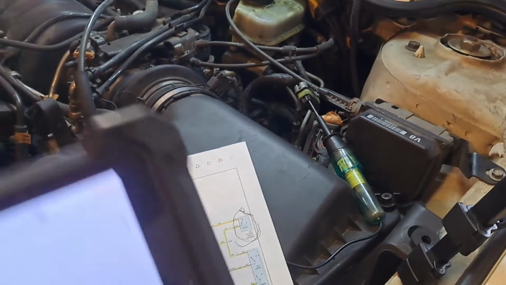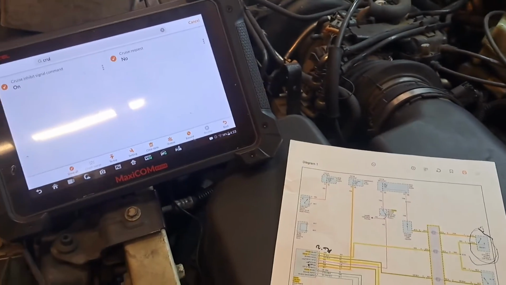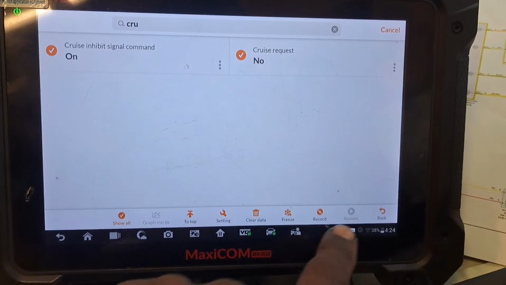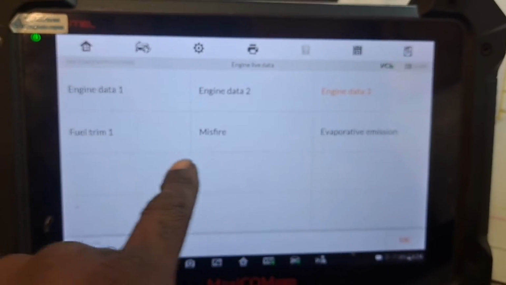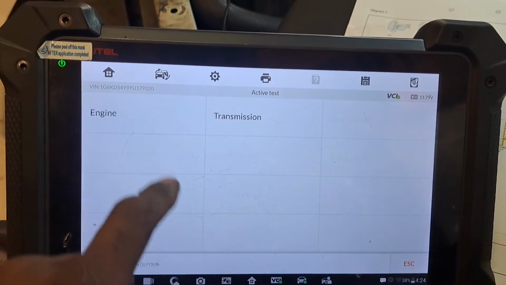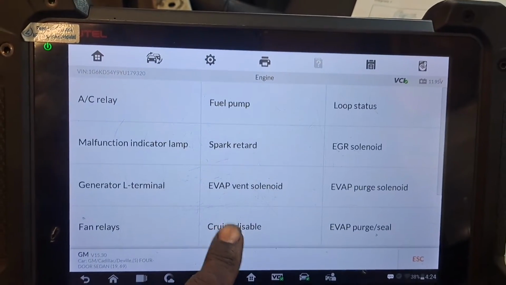But being that this system is kind of dumb, I want to say it sends a ground signal. And how I determine this is I can go to active test, engine, cruise control disable right here.